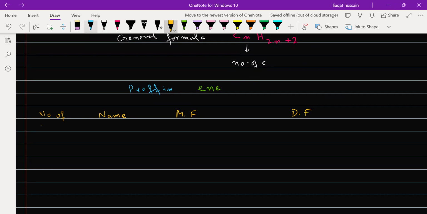If you have carbon number 1, 2, 3, 4, and so on, their counting will be as follows.